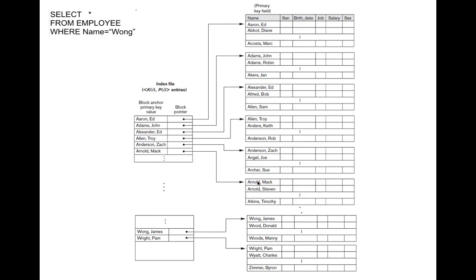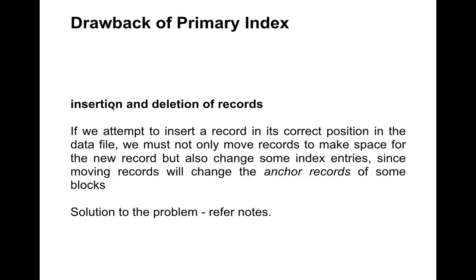And if that happens, you need to modify the index file also. So as you insert one entry, all the entries below that need to be shifted one place down. So all the anchor records below that entry would be changed. So each time you make an insertion, if you need to change the anchor record or update the index file, it is going to be a difficult task. So that is one disadvantage we have.